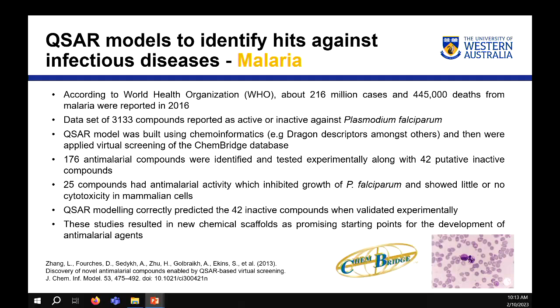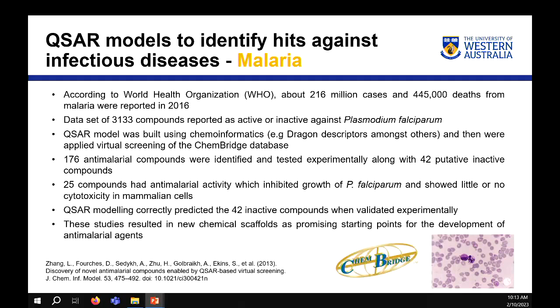And so they built this QSAR model using chemoinformatics. So basically, it's like genomics, but with chemistry and information about chemical drugs. And they used programs such as Dragon descriptors, amongst others. And then they applied the virtual screening of the ChemBridge database.